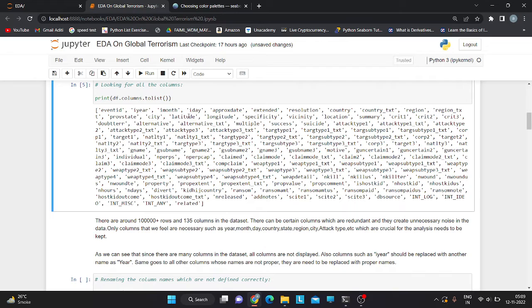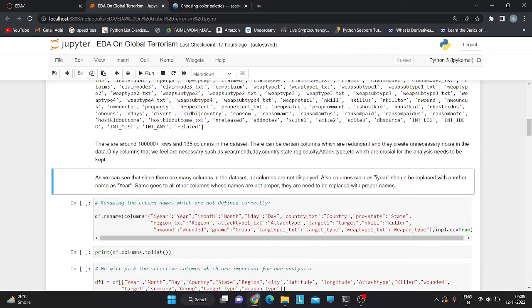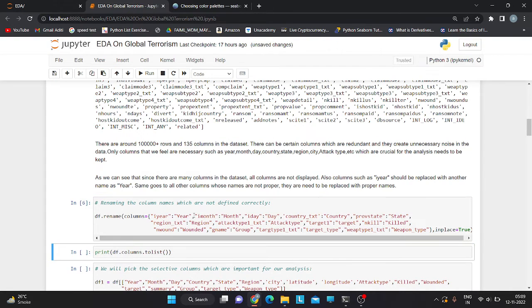So we are going to make systematic renaming of all those columns that we are going to use in the analysis. So let us first rename those columns. We are going to use year, so iyear will be replaced by year, imonth by month, iday by day, and country_txt by only country, and so on.